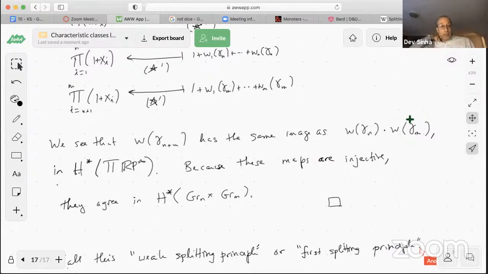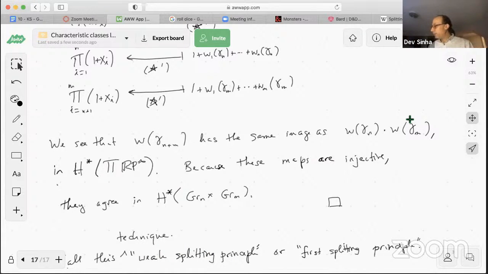But again, the splitting principle is a specific theorem which allows you to reduce some calculations to calculations for products of line bundles. So that's exactly what we're using here. So call this technique that we just used a weak splitting principle, or first splitting principle, or case of the splitting principle, or something like that.